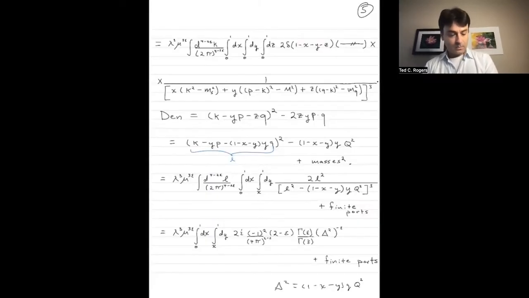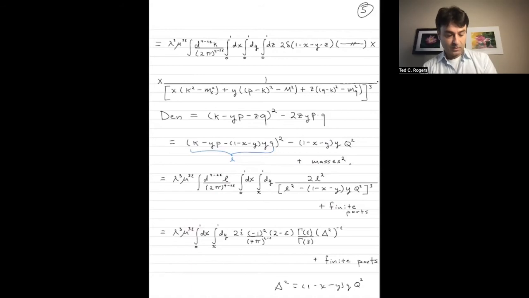Okay, but then once I've gotten the 4 minus 2 epsilon dimensional integration over L reduced to this form, I've got a nice set of integration tables that tell me what that integral is. I can just defer to those and write down the integral. So for example, I think the textbook Peskin and Schroeder has all these integrals written down in the back. And that's all I've done here, substitute in the result for that integration.